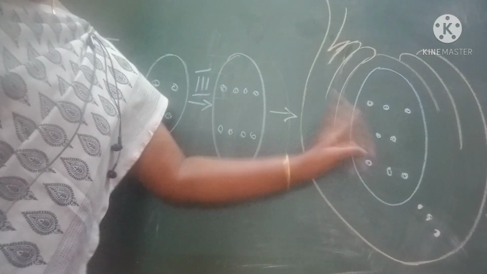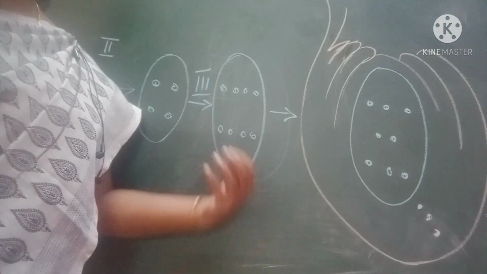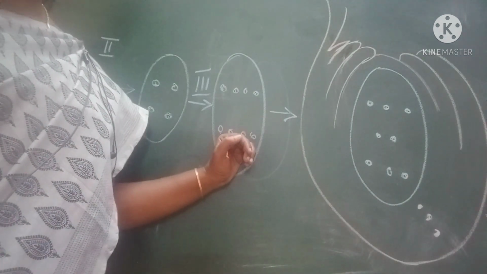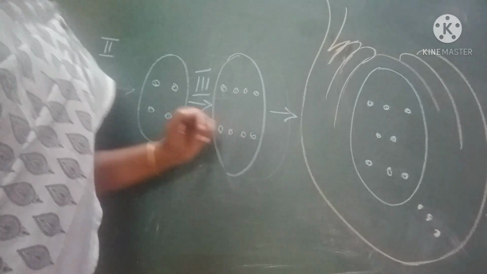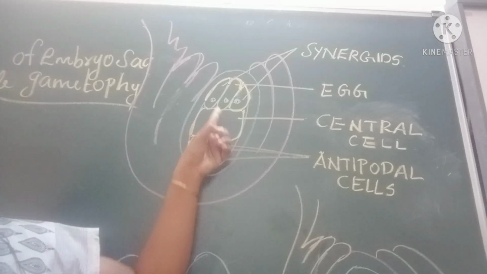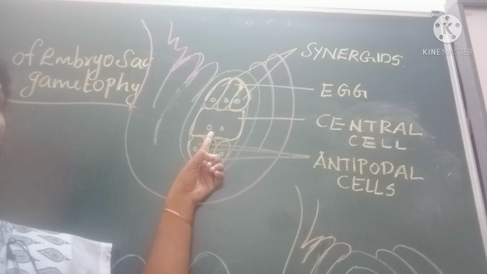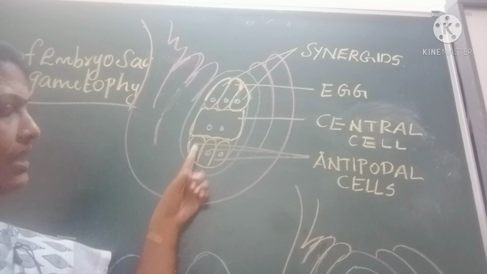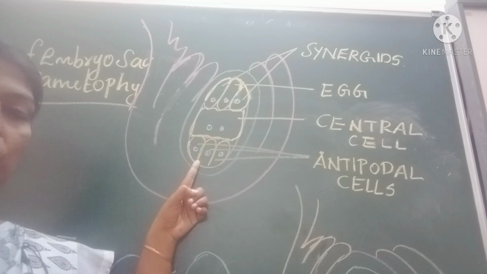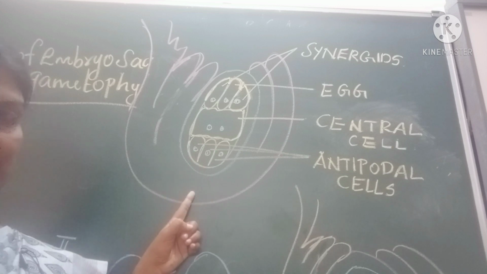Okay, and after that we can see the formation of cell wall. How does it happen? Okay, now you can see 3 cells at the micropylar side, 2 nuclei at the center, and also 3 nuclei on the chalazal side.